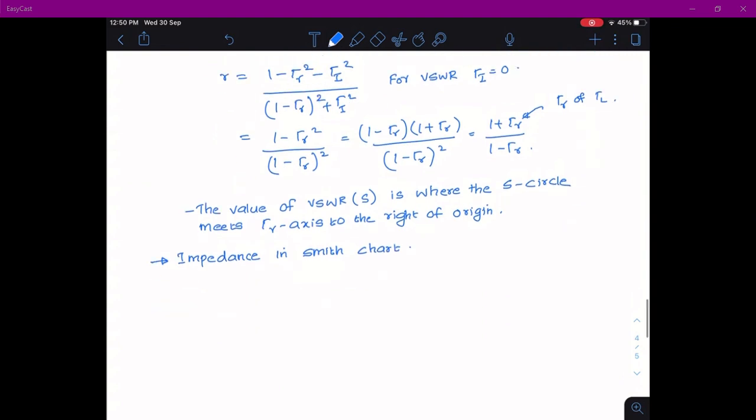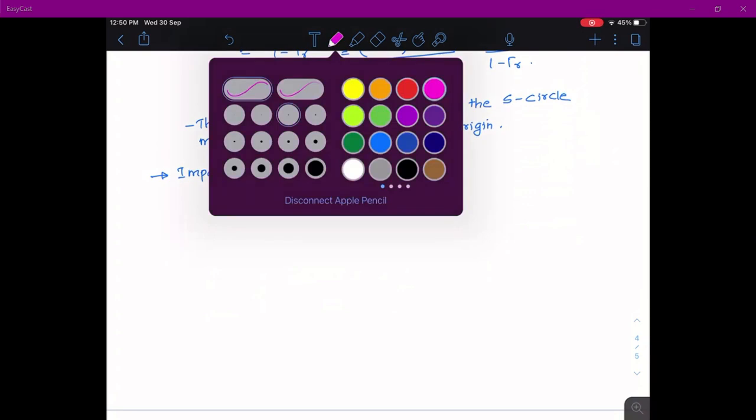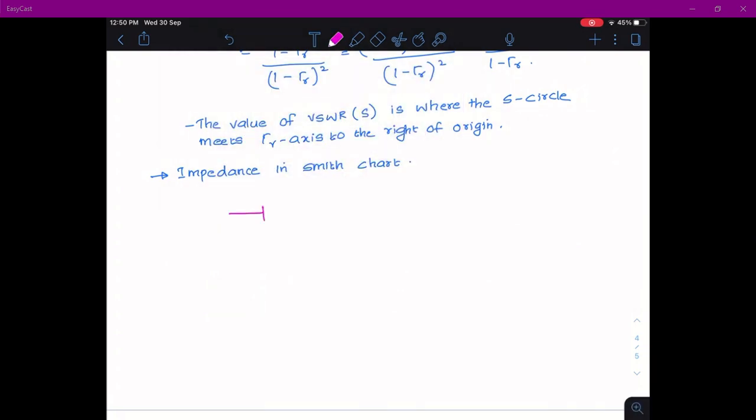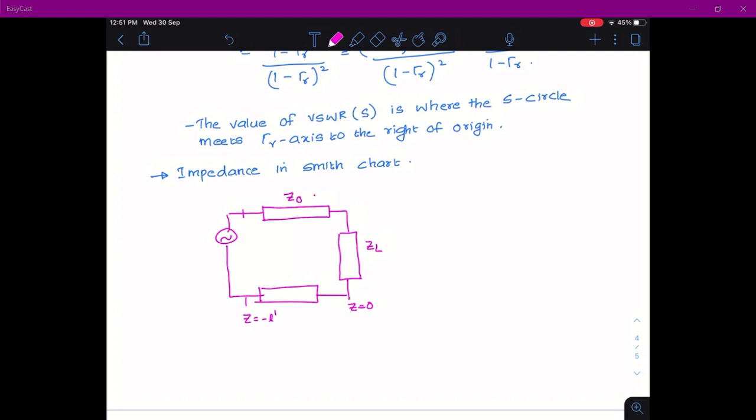For that, let's consider the transmission line. ZL at Z equal to 0, and at Z equal to minus L dash there is the generator, and Z0 is the characteristic impedance.